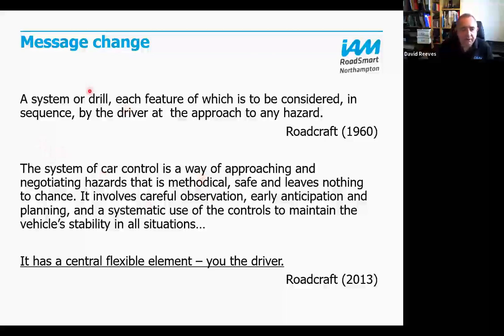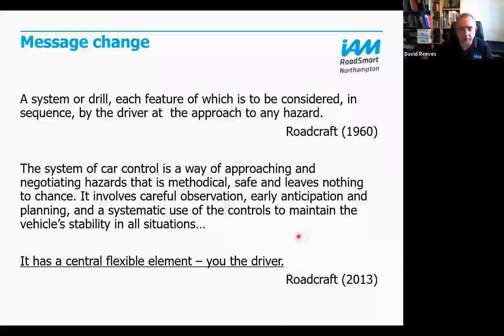When I came to find a comparative piece of text in the current version of Roadcraft 2013, it's much more nuanced, much more wordy. The system of car control is a way of approaching and negotiating hazards, that it's methodical, safe, leaves nothing to chance. It involves careful observation, early anticipation and planning, and a systematic use of the controls to maintain, and it goes on.